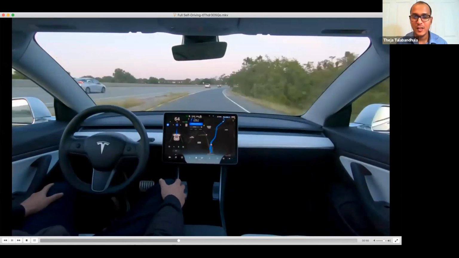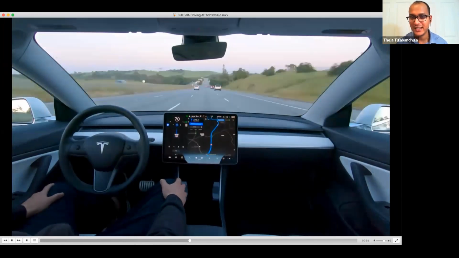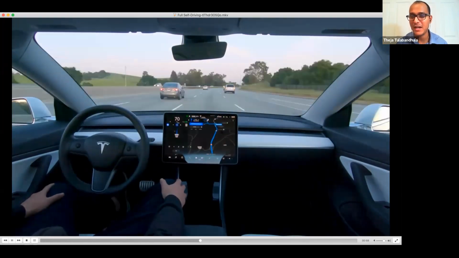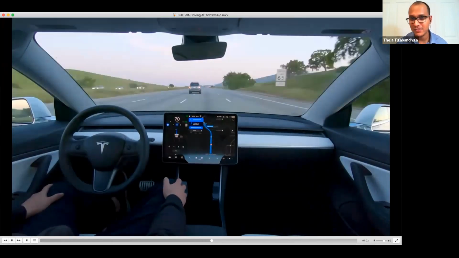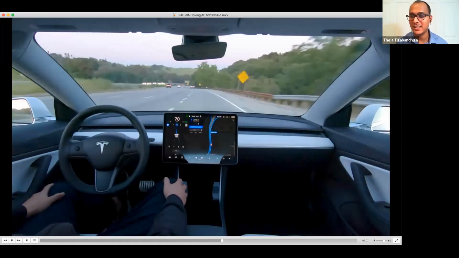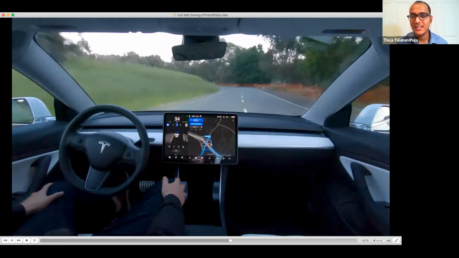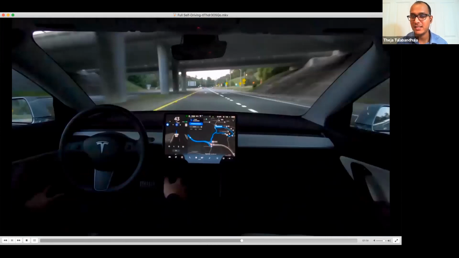Basically, this is a demo of lane merging: a car which is not touched by humans, going in an environment as crazy as a highway, getting onto the highway, getting off the highway, and parking itself, and so on. You can find such videos elsewhere. But what's the technology behind this? A part of it is the complex decision-making part that I was mentioning earlier.